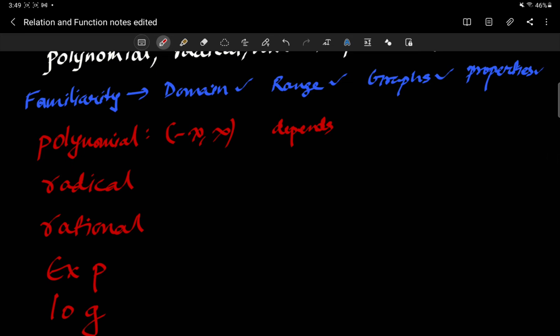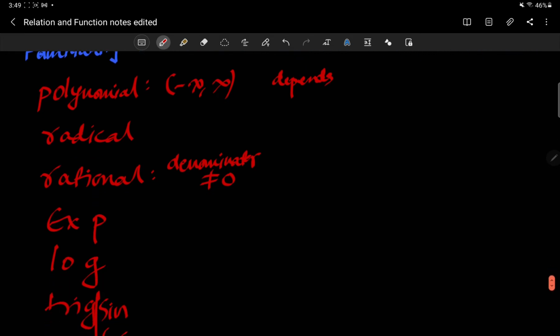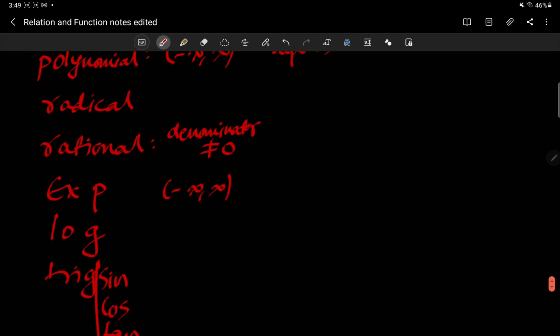But if it's an odd root, it can be anything. And for rational, you need the denominator to not equal 0. Similarly for logarithm, you need the argument to not be negative. Exponential, again, has the capacity to take any input and then the output depends.